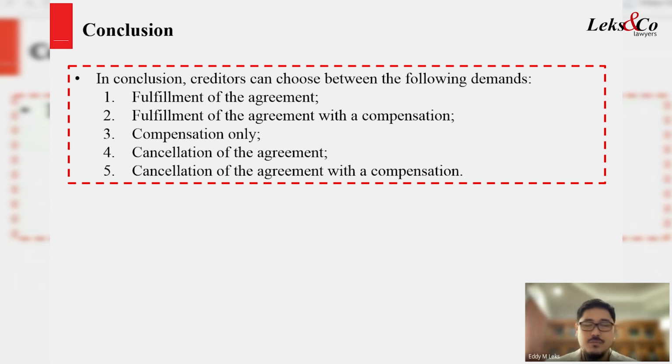I don't want to talk about anything of fulfillment anymore. Just pay me. Or cancellation. Maybe I just don't like you. Maybe there is no ground for cost, losses, and interest. Maybe the performance of the party hasn't happened yet. I just changed my mind. I just want to cancel. Or cancel, but with compensation consequences.